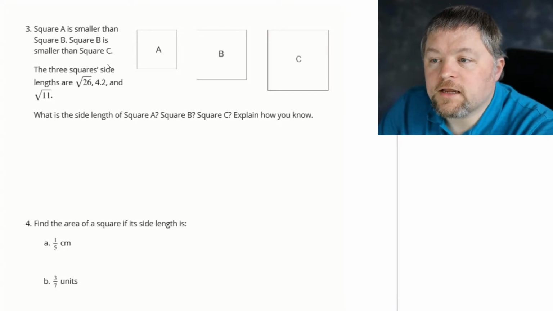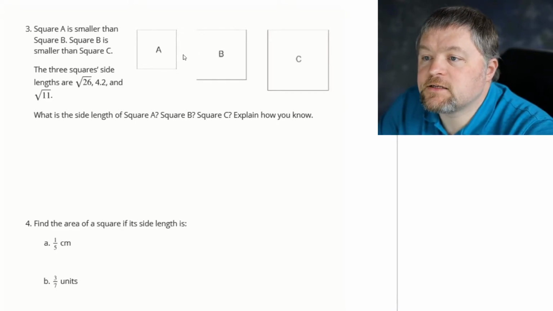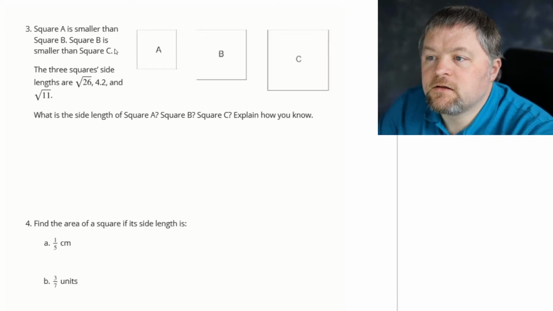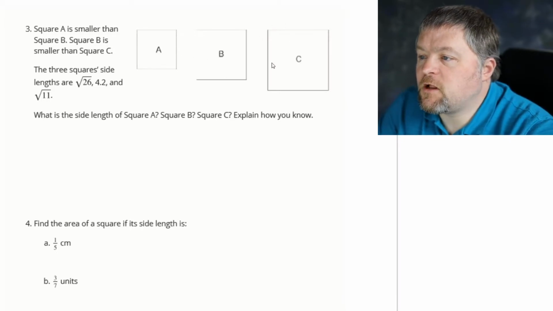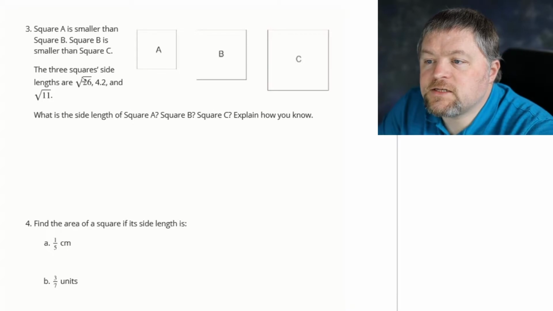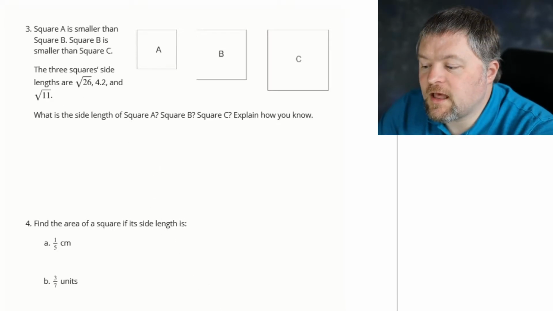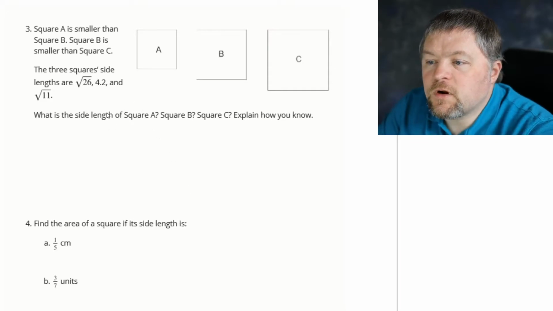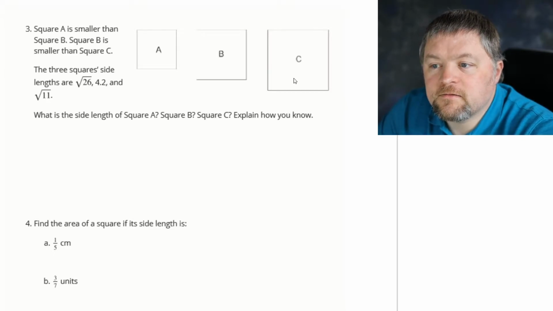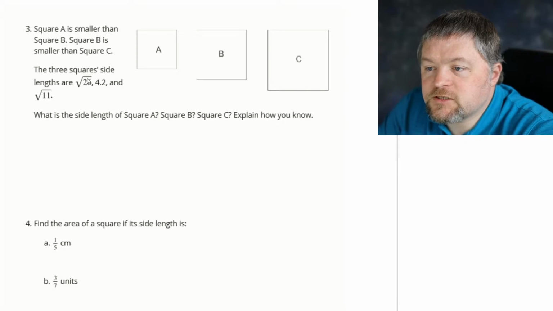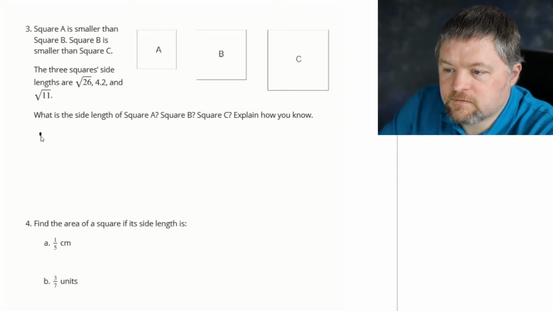Question 3 says square A is smaller than square B. Square B is smaller than square C. The three squares' side lengths are the square root of 26, 4.2, and the square root of 11. What is the side length of square A, B, and C? So we need to be able to compare these. One of them is the square root of 26.